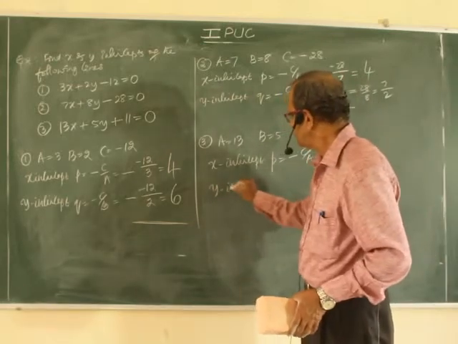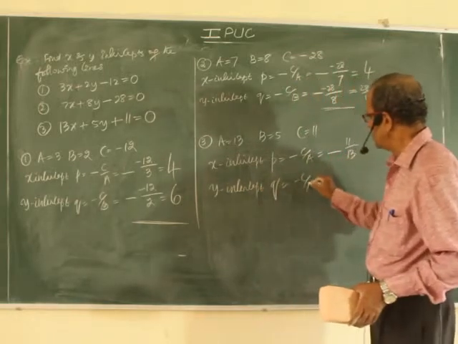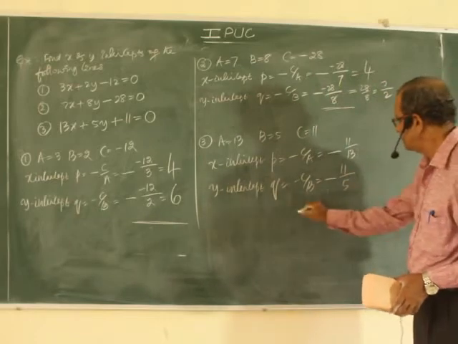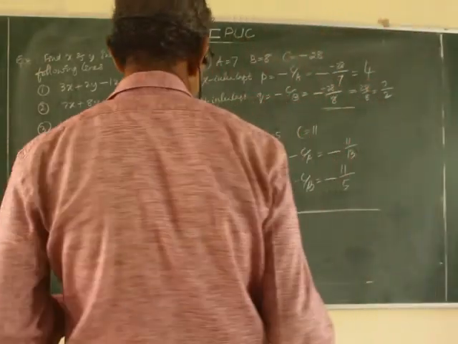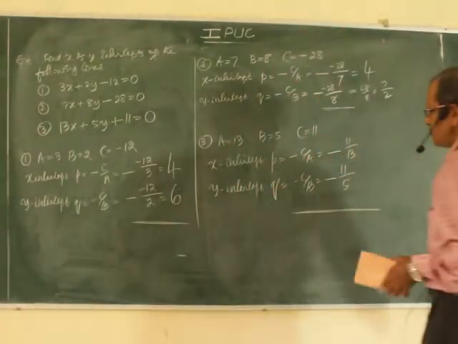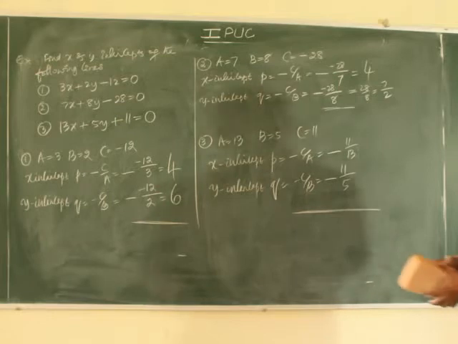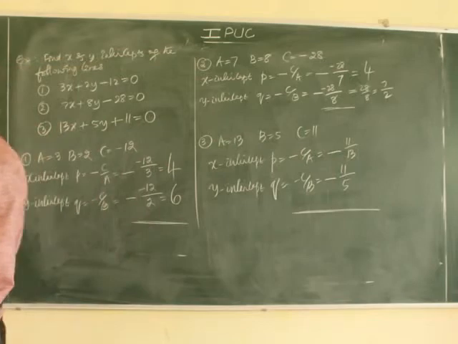Y-intercept q equal to minus c by b, minus 11 by 5. Yes, X and Y intercept of the line.